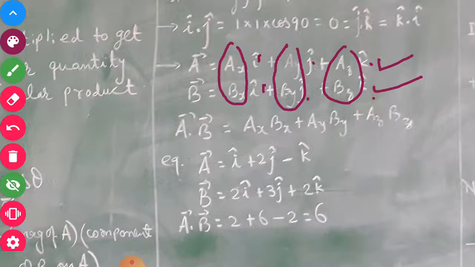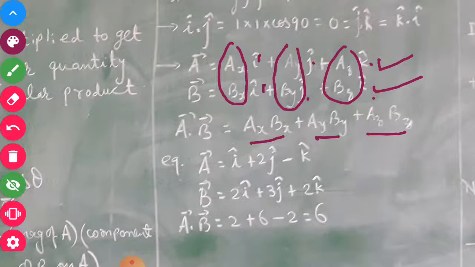So you just have to multiply the respective coefficients of I cap, J cap and K cap: Ax Bx, Ay By, Az Bz.